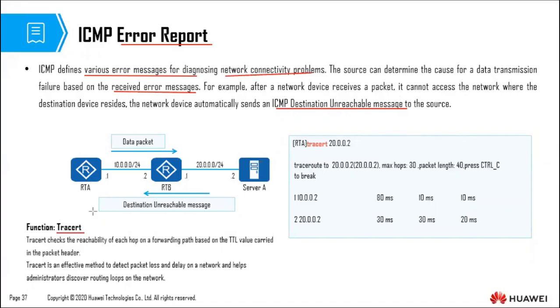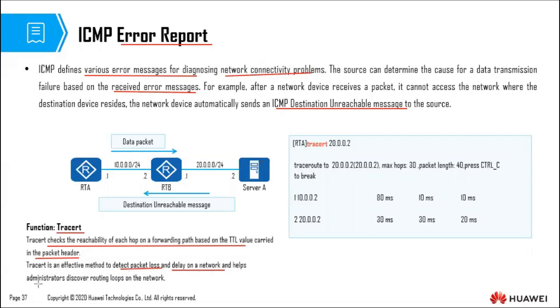Okay, so one of the functions is traceroute. Traceroute is used to check the reachability of each hop on a forwarding path based on the TTL value carried in the packet header. So how does it work? Traceroute is an effective method to detect packet loss and delay. Two things: to detect where you are losing the packet, the particular point, and also any delays you might have, because it also gives you the round trip time.